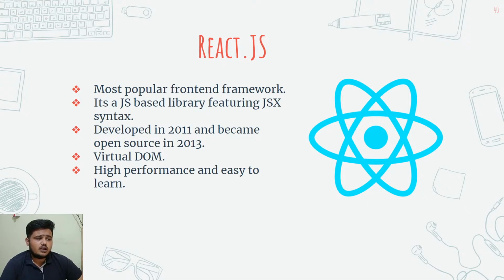It was developed and introduced in 2011, and in 2013 it became an open source library, right? So moving forward, the key feature of this particular library, or we can say framework, is the virtual DOM, or document object model, with one-way data binding, right? This is the key feature that React provides us.